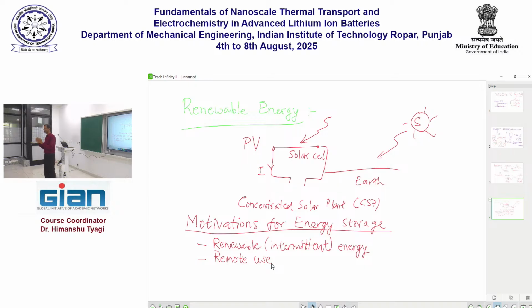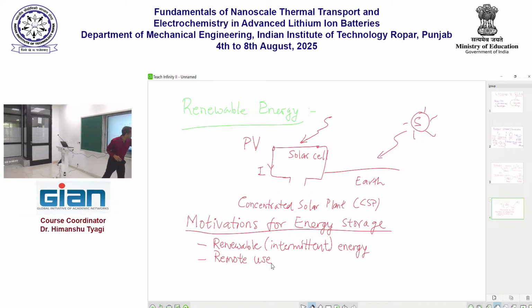And therefore, in order to run my cell phone, I want to be able to have a source of energy where energy is stored, and I can take it with me wherever I go, and I can tap into it whenever I want to check my email or play a game or whatever else it is, right? That is the reason why our cell phone comes with a battery. That battery is basically storing that energy.